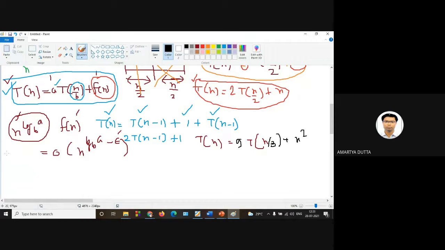That is n to the power log b base a. N to the power log b base a means n to the power log 3 base 9, which is n cube.